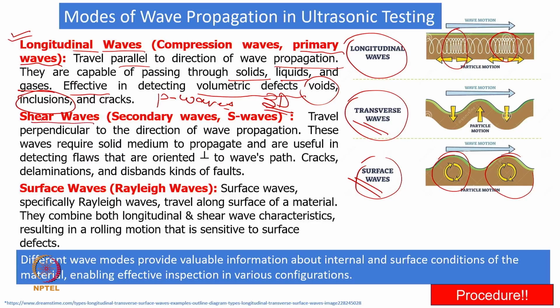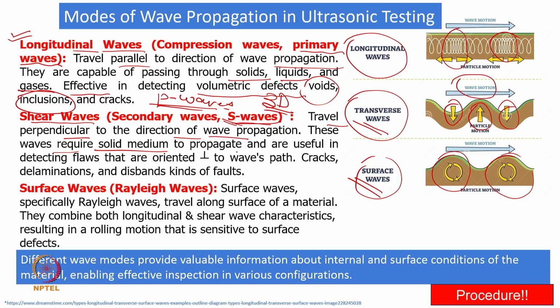Now, coming to the shear waves or S waves. First we mentioned the P waves, and here we are saying the S waves. In this case, the secondary waves travel perpendicular to the direction of wave propagation, and that has been shown: the wave propagation direction and the direction of these transverse waves. These waves require a solid medium only; we can't use them in a liquid medium or in a gas medium.